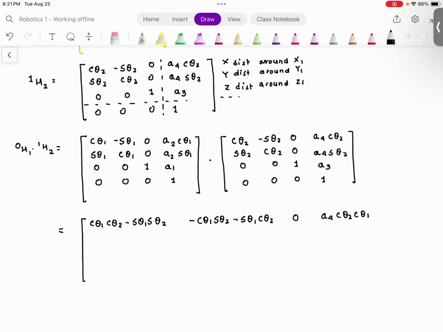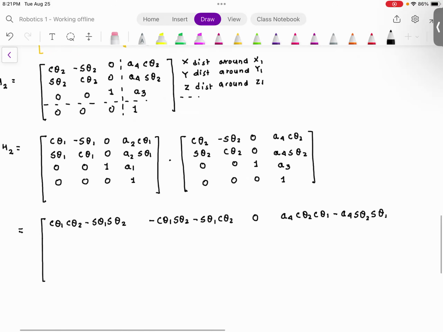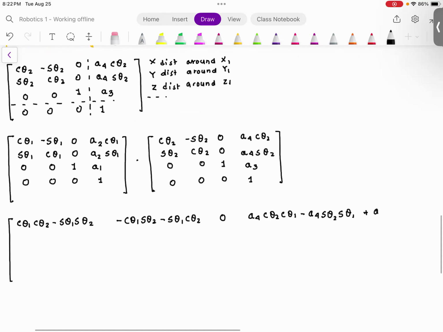Then I would have minus A4 sine theta 2 sine theta 1, and then I'm going to have the last term. So it's going to be plus A2 cosine theta 1. You agree with me?